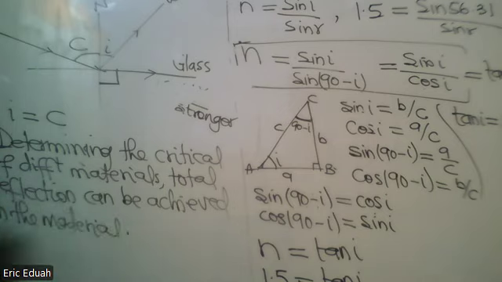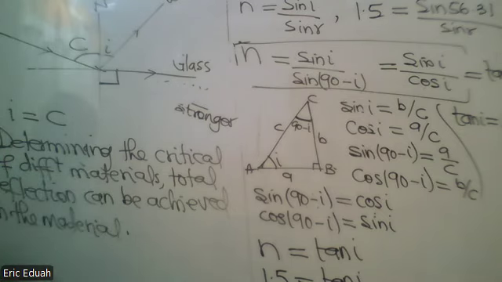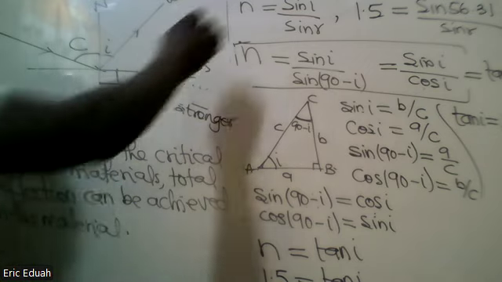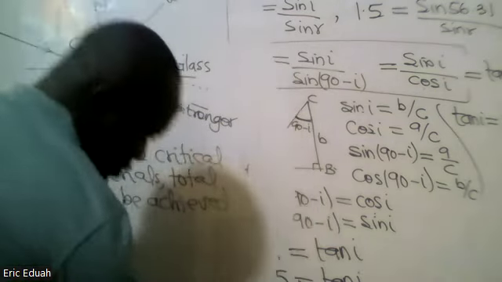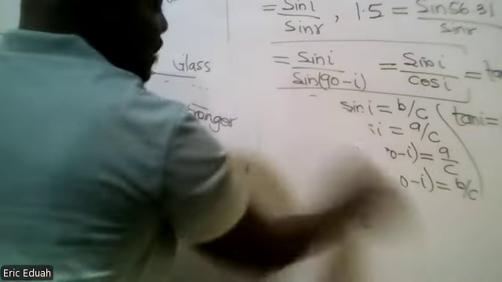What is being said is that if you want total internal reflection to occur in a particular material, or in different materials, you must know their critical angles. That is the angle of incidence which will give us an angle of refraction of 90 degrees.